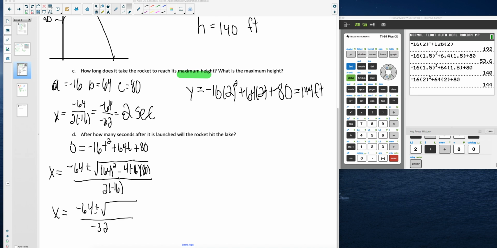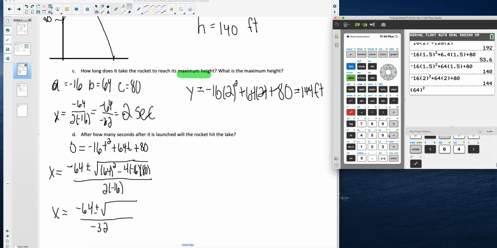From our work on the quadratic formula, we want to simplify inside the square root radical. I'm going to take the negative 64 and bring it down, plus or minus, and go to my calculator to do the inside of my square root. So 64 squared minus 4 times negative 16, and then times 80.